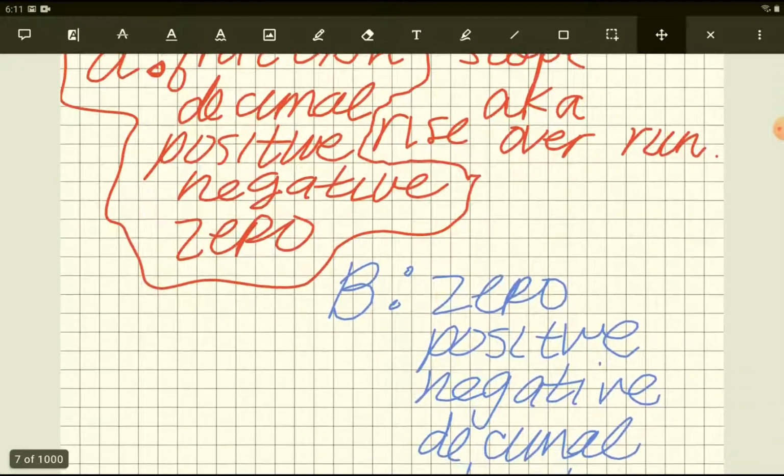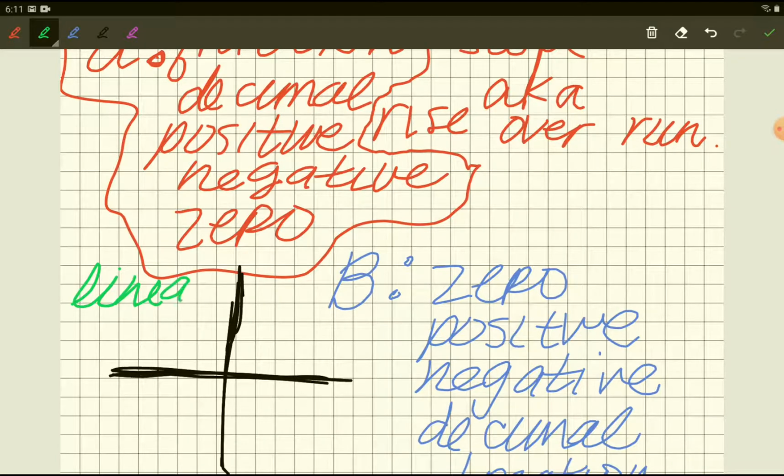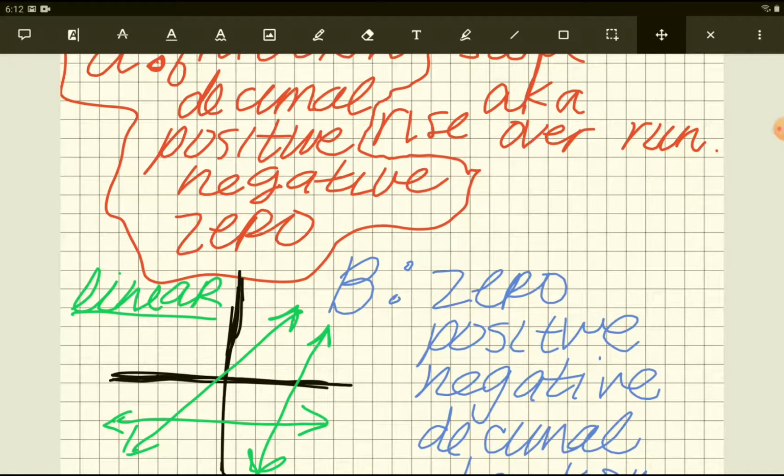Obviously for linear functions, this is your coordinate plane. It's very, very easy to tell if something is linear. Is it a straight line? If there's a curve to it, it's not linear. If there's a corner to it, it's not linear.